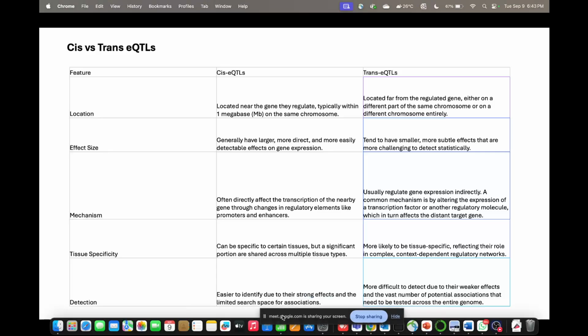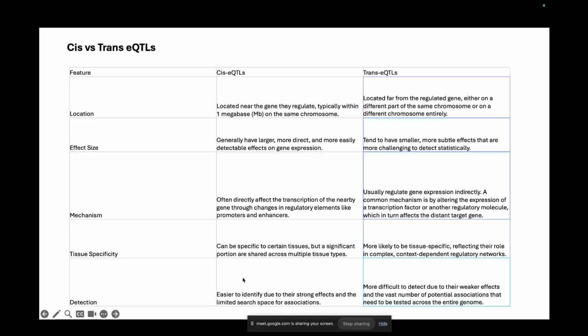And cis eQTLs are easily identifiable due to their strong effects and the limited search space for associations, because you are looking at around 1 MB regions in and around the gene. So it's much easier to find this kind of eQTL. But trans is more difficult to detect due to weaker effects and the vast number of potential associations that need to be tested across the entire genome.